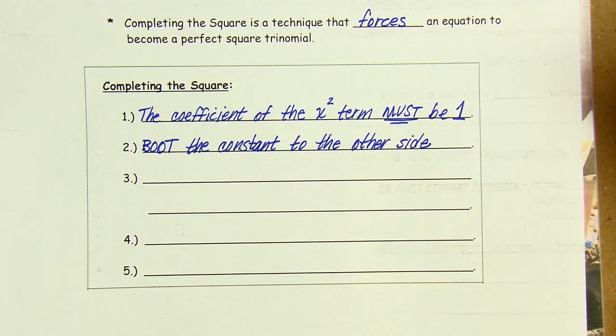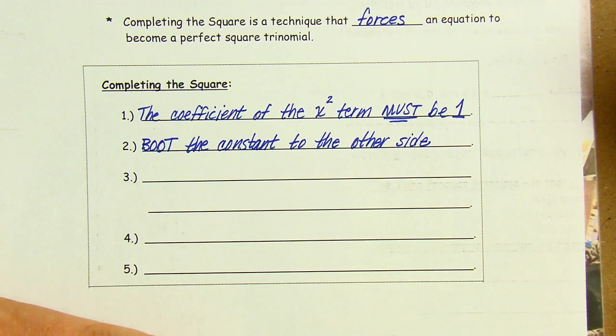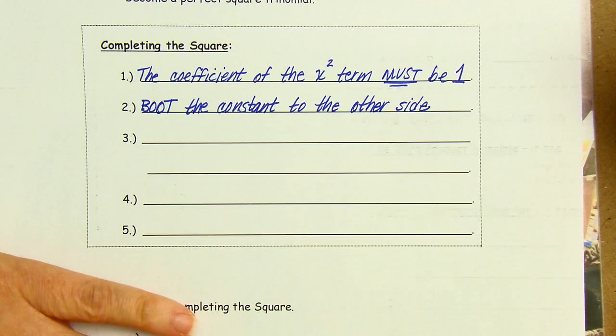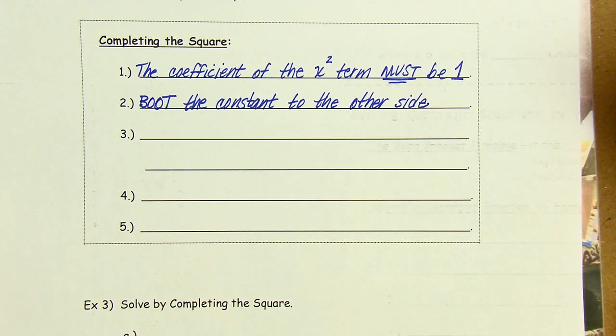You know, we use boot. Like if you give someone the boot, it means you're kicking them out. Okay, so we're kicking the constant out. We're telling it to go to the other side of the equation. So you boot the constant to the other side of the equation.